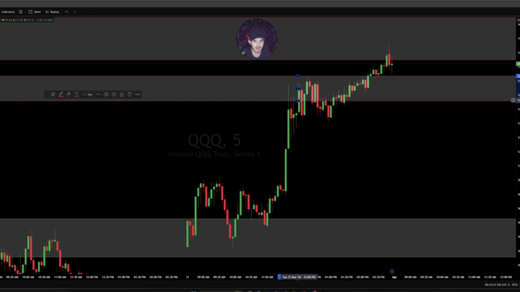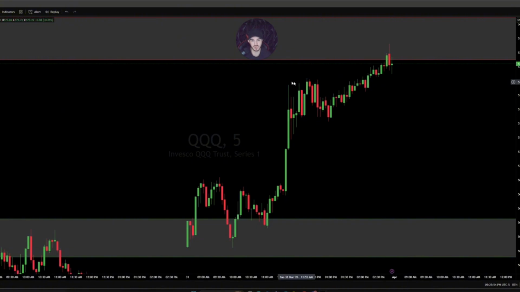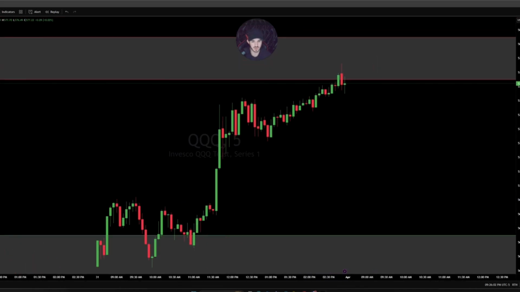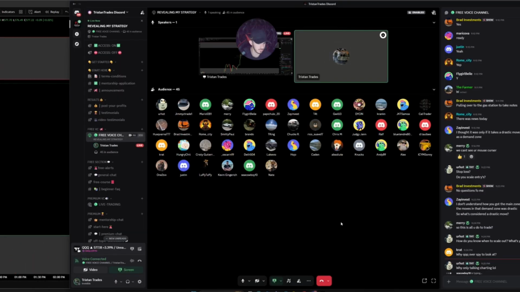Only thing with order blocks is you're doing them on a lower time frame, so they are a little bit more risky. When you're looking at something on a bigger time frame, they typically get the move. On a smaller time frame, it's kind of what it is.